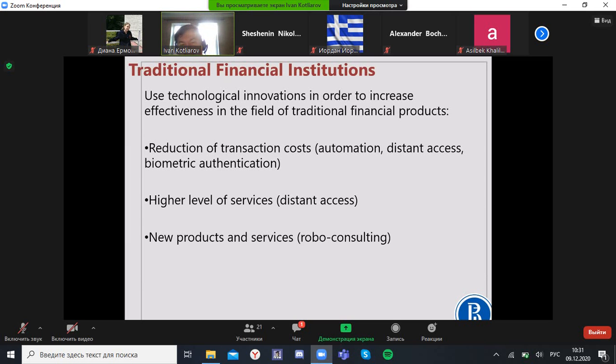Sometimes these concepts are combined. In case of robo consulting, we simultaneously offer a new service, but we also reduce costs because we don't use professional consultants to inform our customers about good investment decisions.